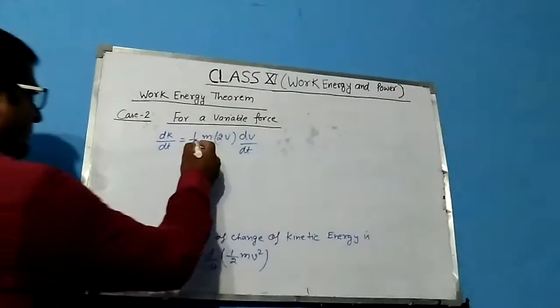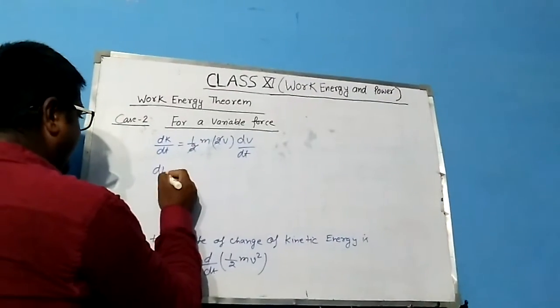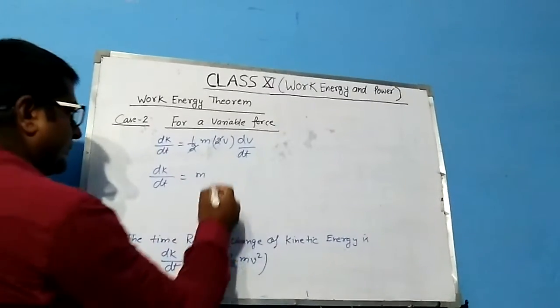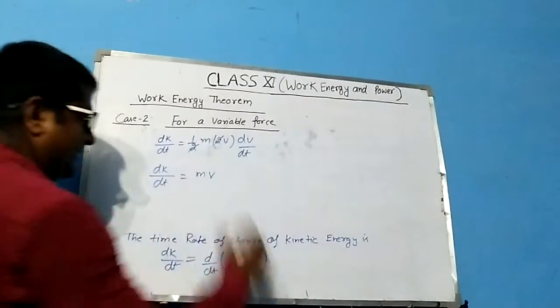So the 2 will be cancelled out and dK by dt will become m v dv by dt.